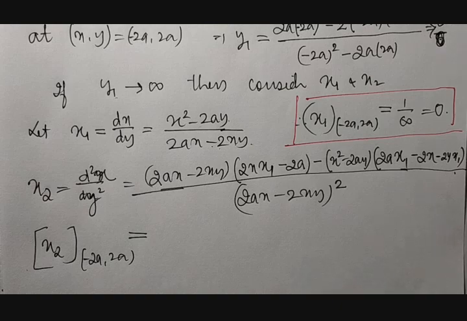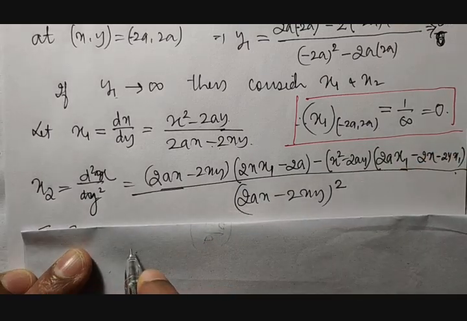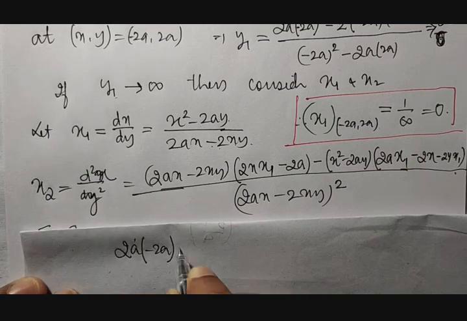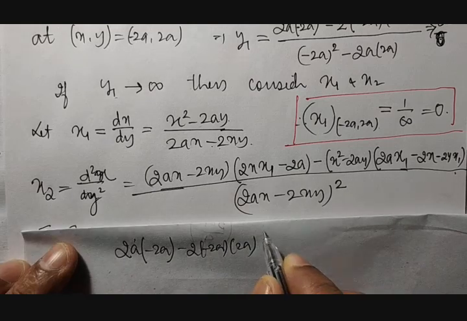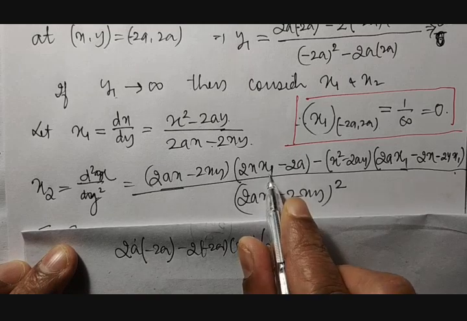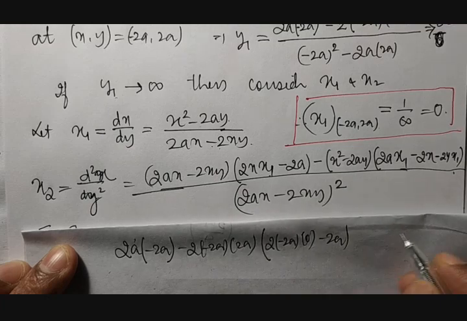Again, we will be using a rough sheet to calculate this result. Let us see what happens. If you put it here, then it becomes 2 into a into minus 2a minus 2 into minus 2a into 2a into bracket 2 into minus 2a into x1. x1 is 0 minus 2a. Okay.